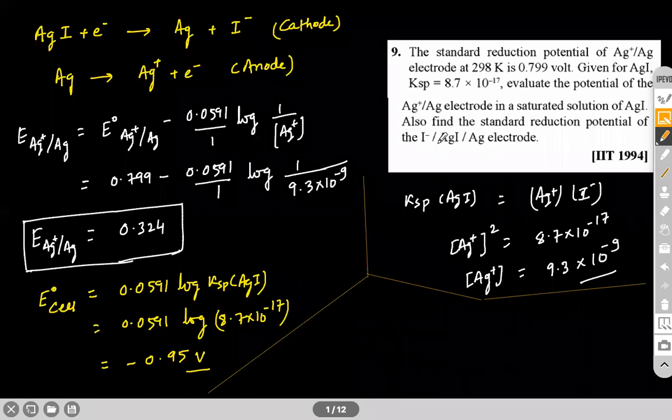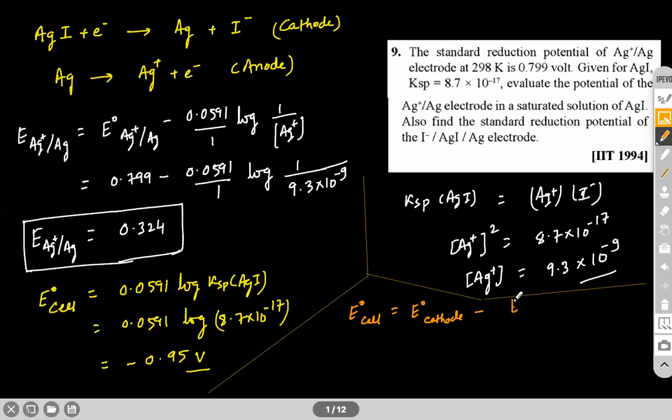The E naught cell for this one will be E naught of cathode minus E naught of anode.